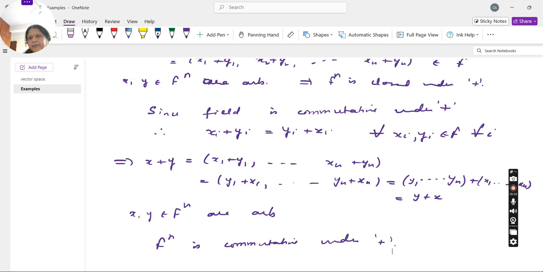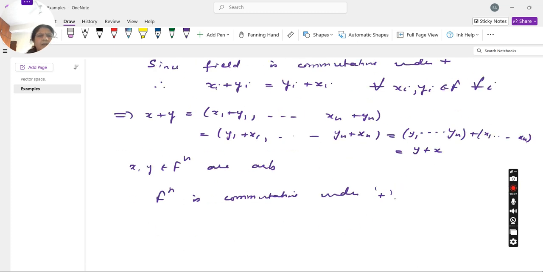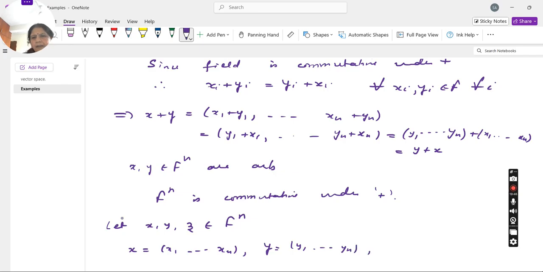Associative property. Let x, y, and z belong to F^n. That means x is written as x1, x2, ..., xn, y is the same way as y1, y2, ..., yn, and z is z1, z2, ..., zn.